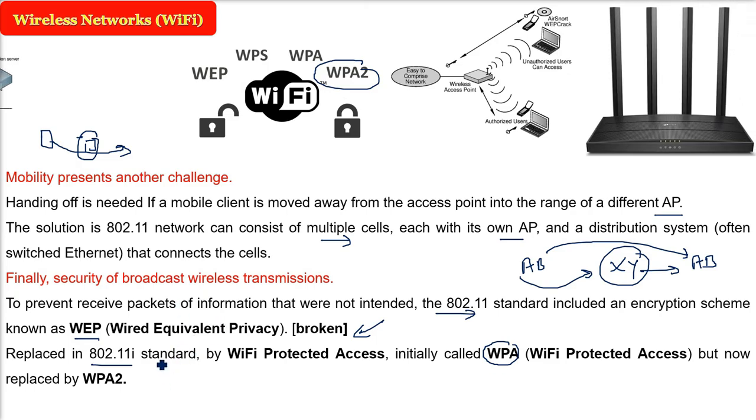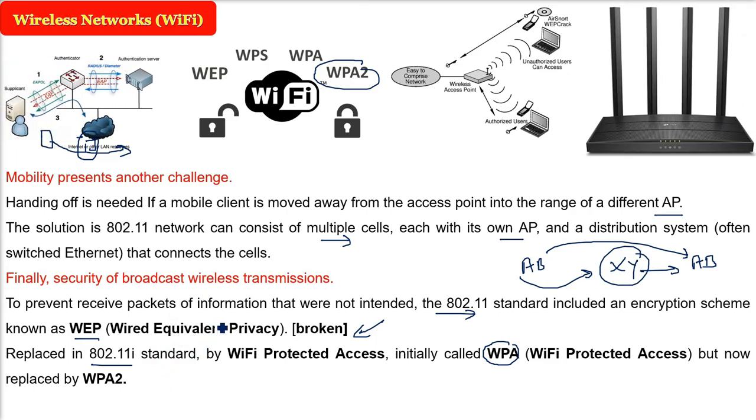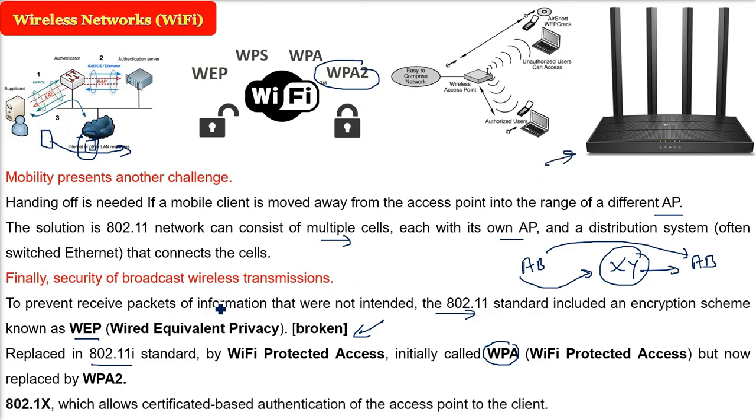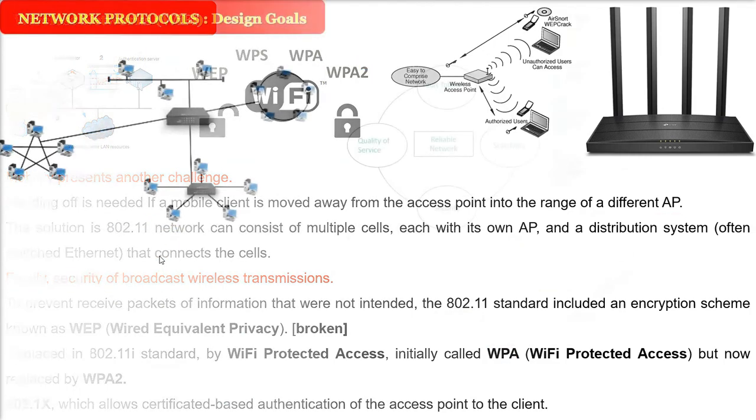These are the encryption techniques. There is one more, authentication. In 802.1x, we have certificate-based authentication for the access point. The client has to be authenticated, and only then will it be able to access the Wi-Fi or wireless network. So mobility and security are also issues in wireless transmission.